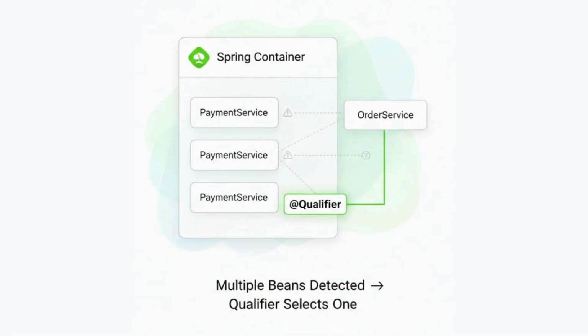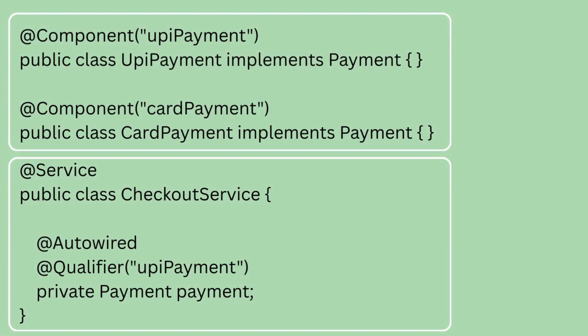@Qualifier annotation. What happens when Spring finds multiple beans of the same type? It stops guessing. That's where @Qualifier comes in. For example, we have two classes, UPIPayment and CardPayment. Both implement the same interface, Payment. To avoid confusion, we have given a name to each component.